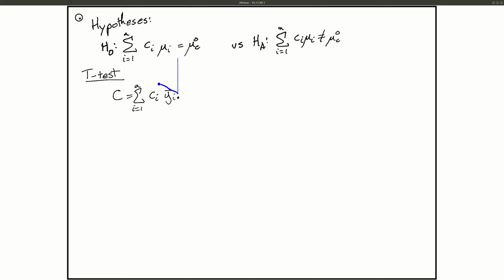So this quantity here, which we're calling big C, is our estimate of the contrast, and C has a normal distribution.